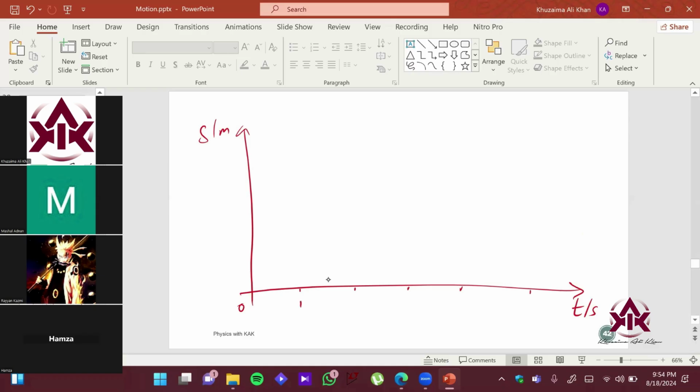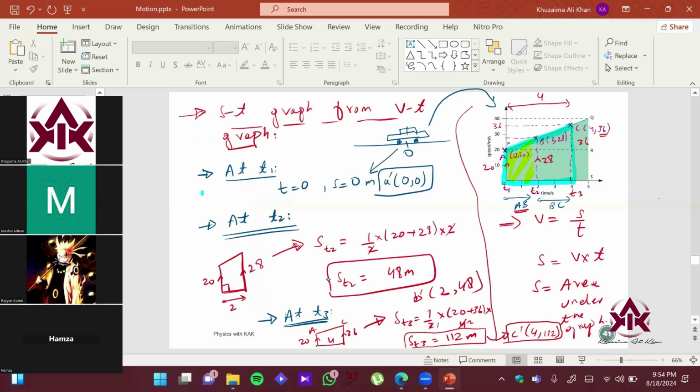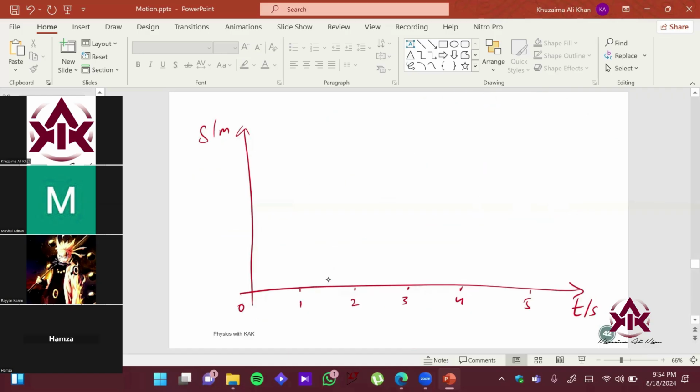So 1 2 3 4 5. So your maximum displacement is coming out to be 112. So let's use a scale of 20. So it's going to be 20, 40, 60, 80, 100, 120, right?